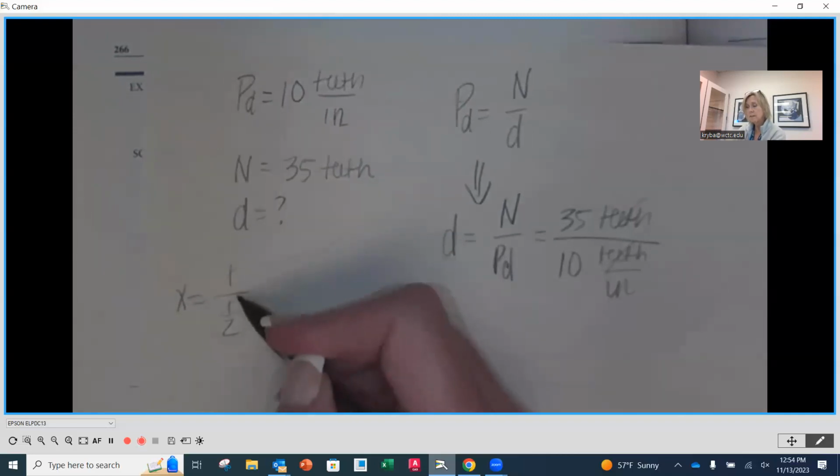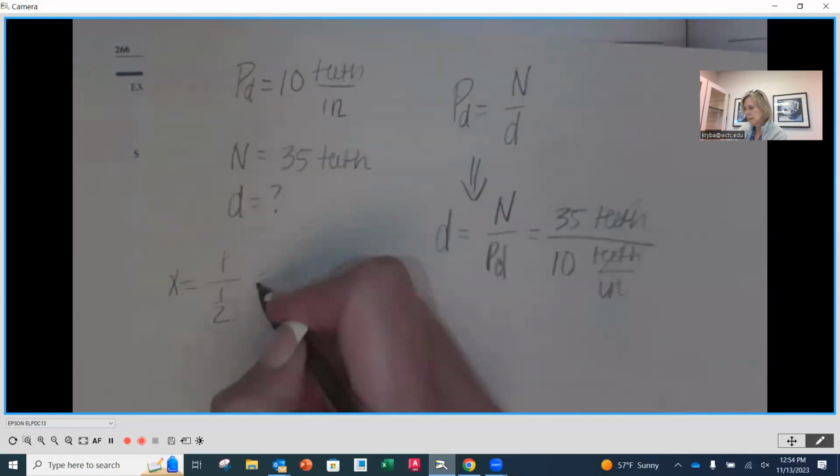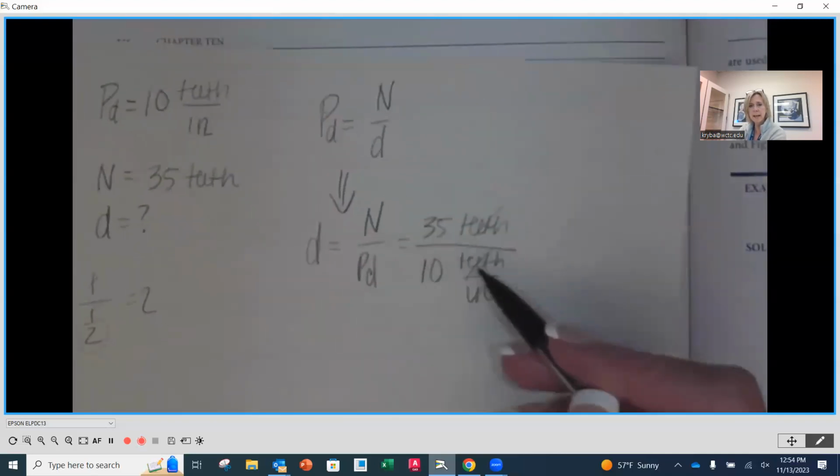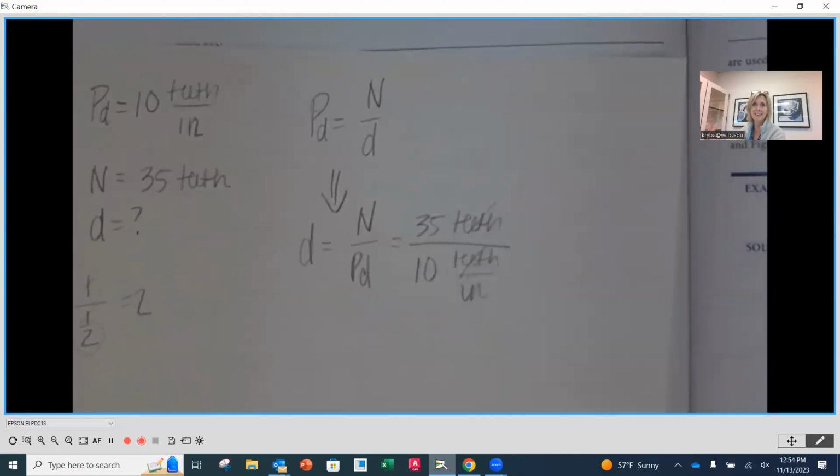It's actually 2. So the units do the same thing. I have inches divided by inches, or per inch, in the denominator of the denominator. That means it's a multiplication up. So the units end up being inches here, which is exactly what I'm looking for in a pitch diameter, right?